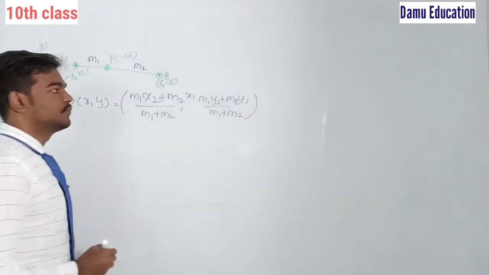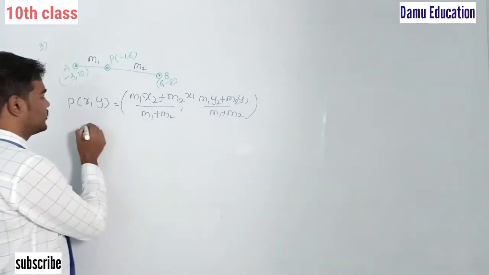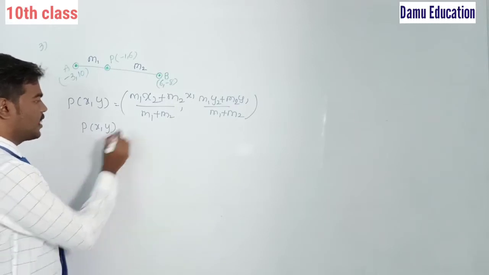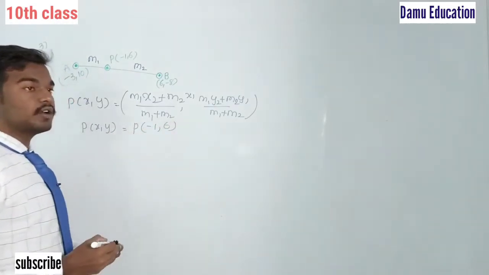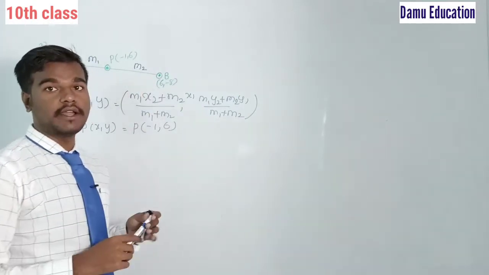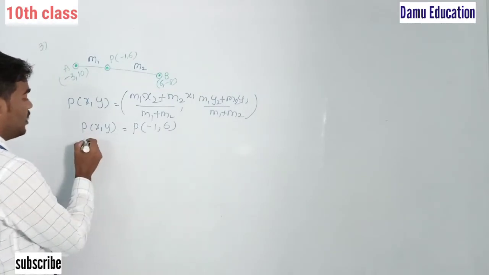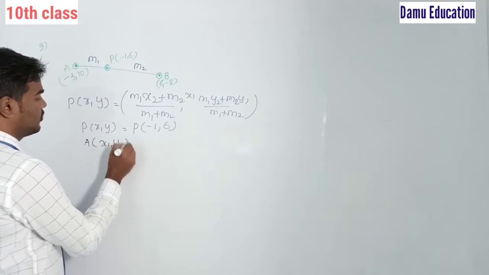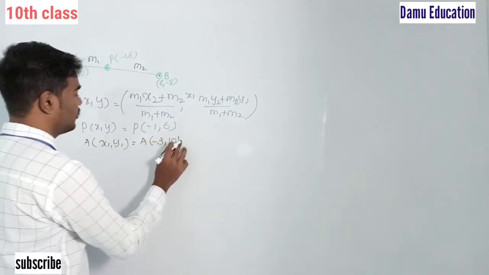So these are the coordinates. Let's take this point as P of x comma y, which is equal to P of minus 1 comma 6, because this is the point dividing the line joining. So what are x1, y1 and x2, y2? A of x1 y1 is equal to A of minus 3 comma 10.